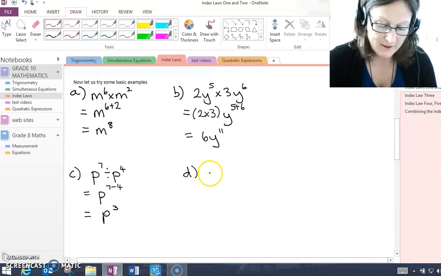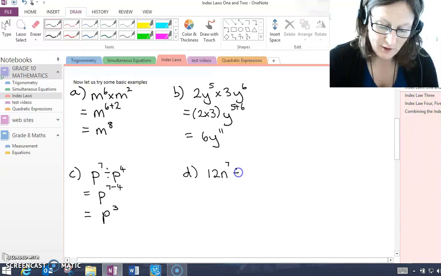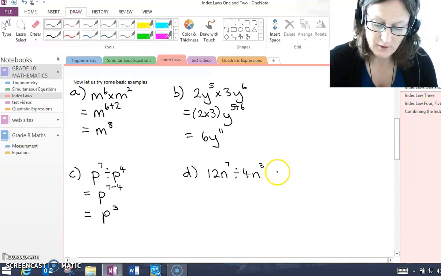One further basic example, 12n to the power of 7 divided by 4n to the power of 3. You may remember from last year, I actually like these to be written like this. It's not essential, but I just find it easier.